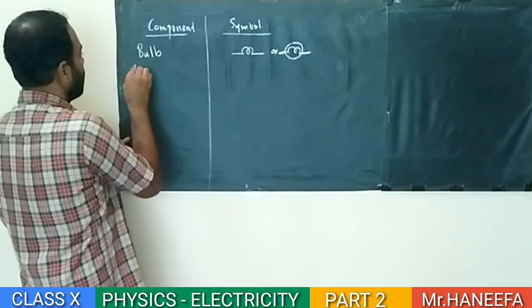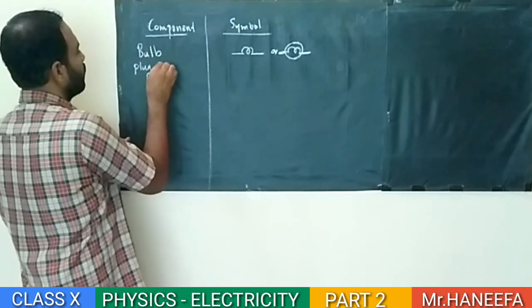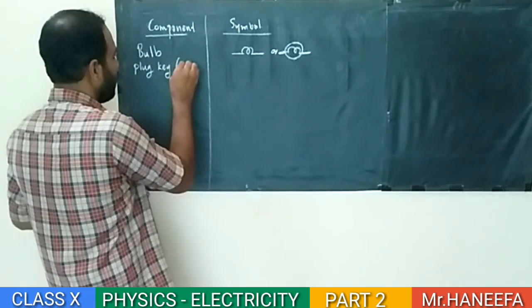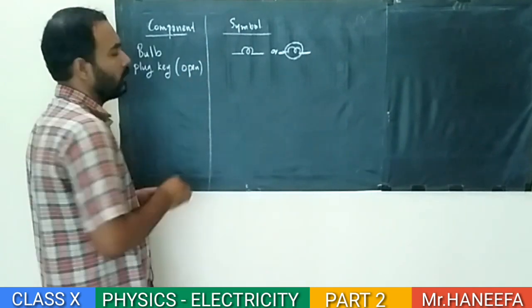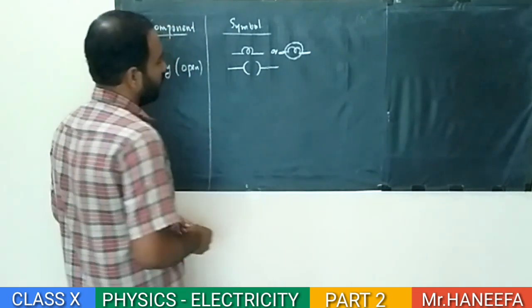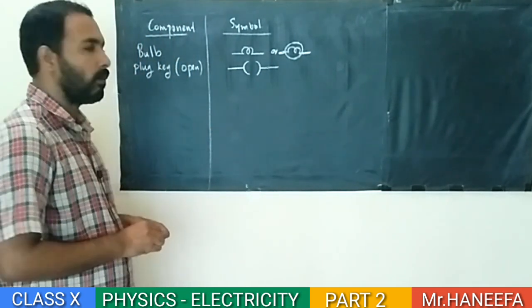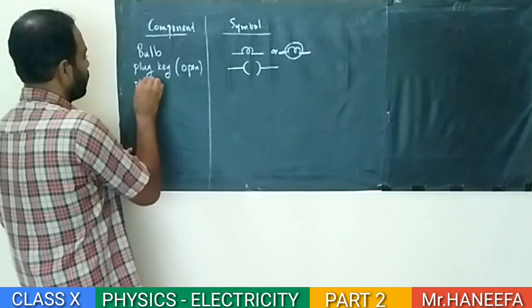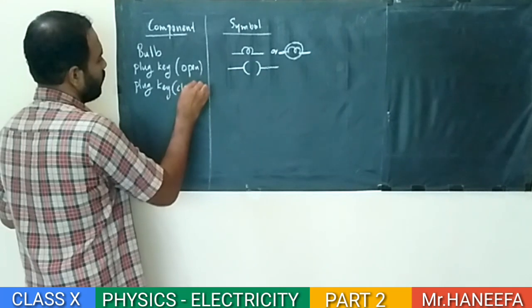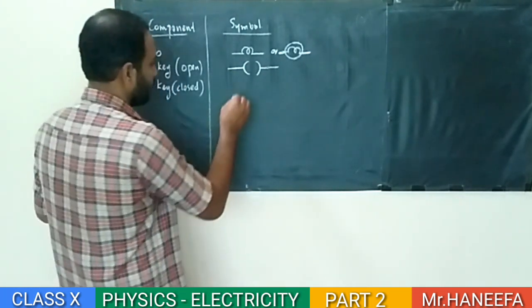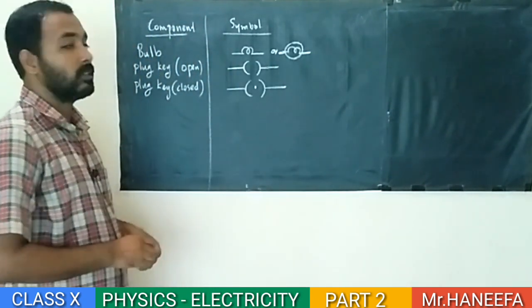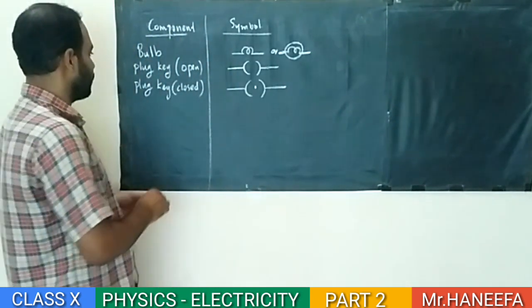Next is plug key. Plug key means switch. Plug key open or switch open. This is the symbol of switch open. Next, plug key or switch closed. This is switch closed.